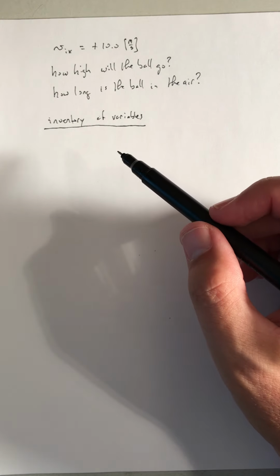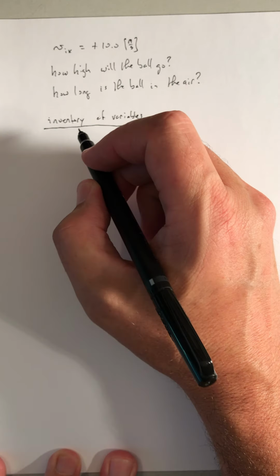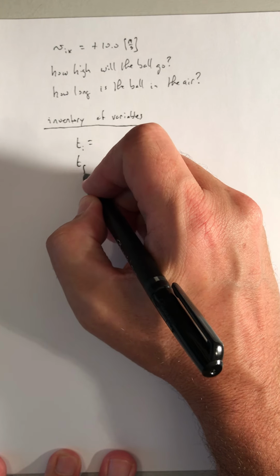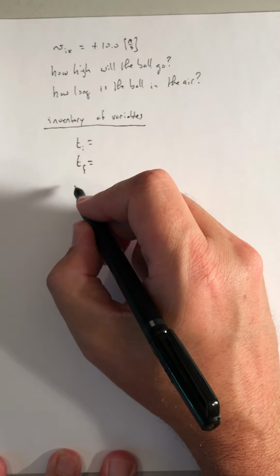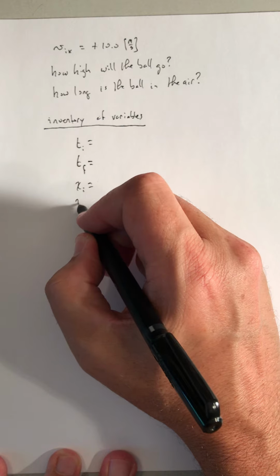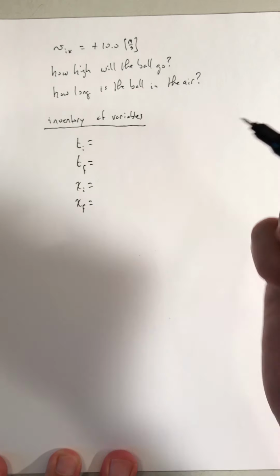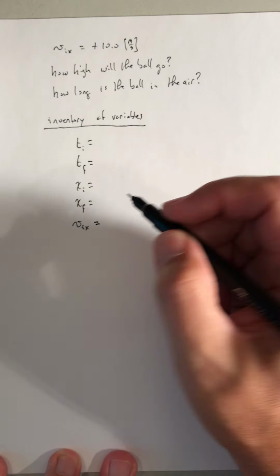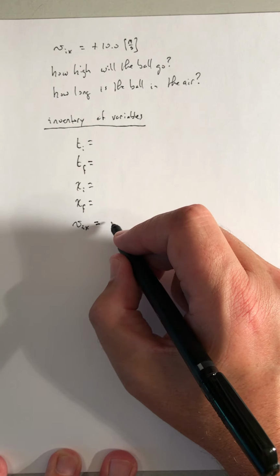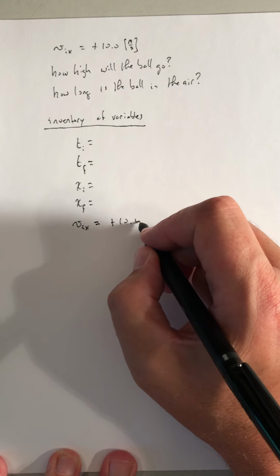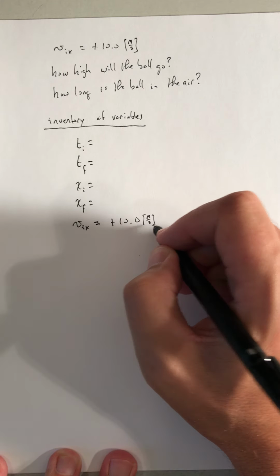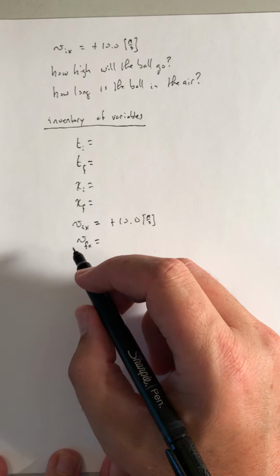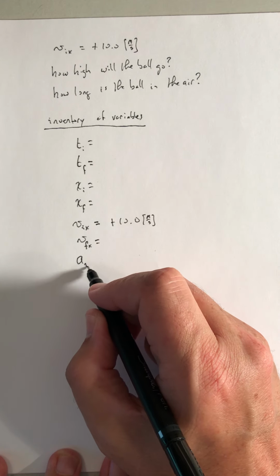This is a one-dimensional problem, so we just have 7 variables: an initial time, a final time, an initial position, a final position, an initial velocity, which was given as 10 meters per second, a final velocity, and the acceleration.